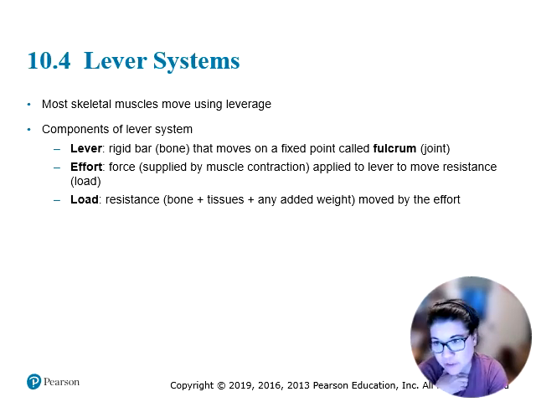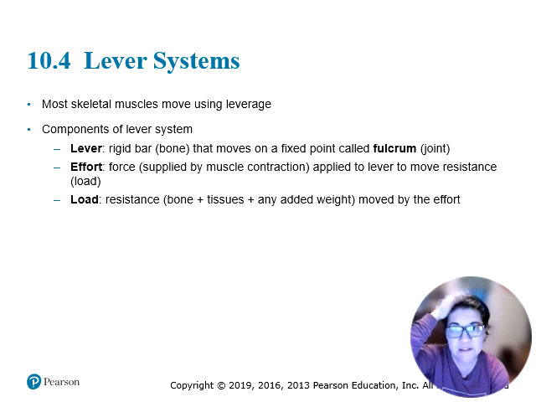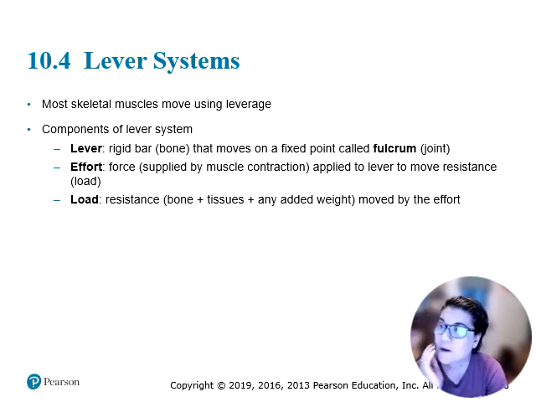Let's look at levers. You might have learned about levers in school. All these bones and the muscles that pull them are based on levers, and there's three classes of levers. A lever has a rigid bar and a fulcrum. That's like in a seesaw, you have the bar, and then the fulcrum is like the triangle in the middle. There's an effort and a load.